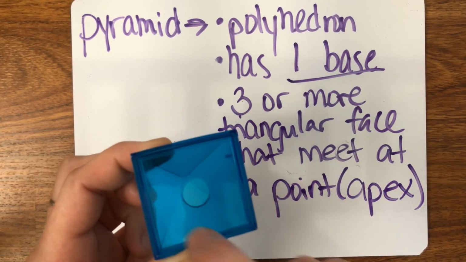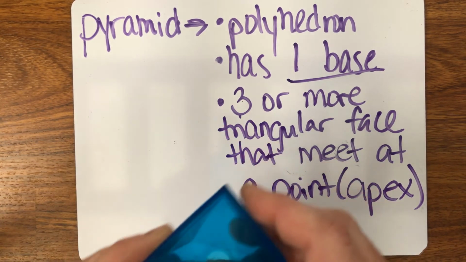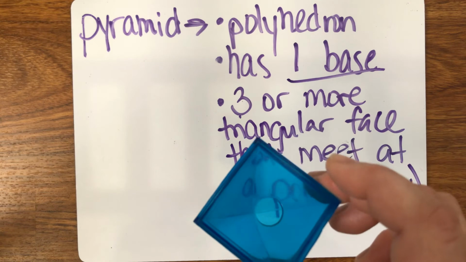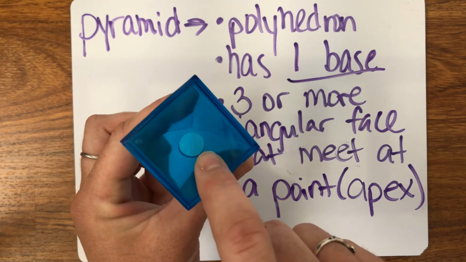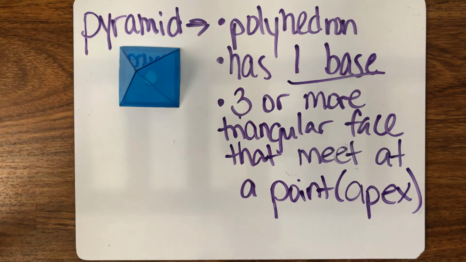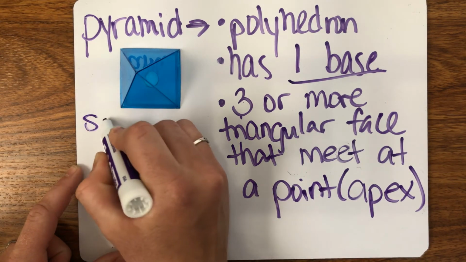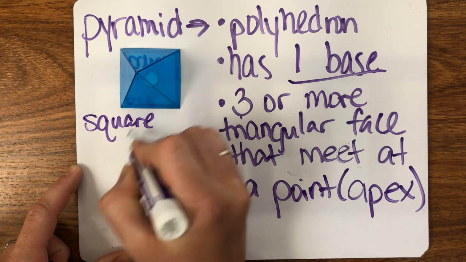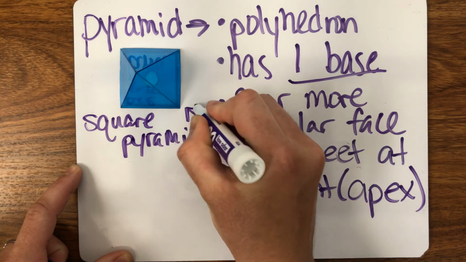Okay, so this pyramid is a square pyramid because the base is a square. So this pyramid right here, when it has a square base, is a square pyramid. Easy enough.